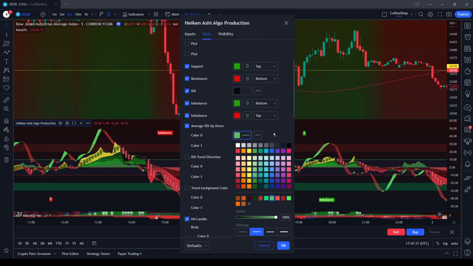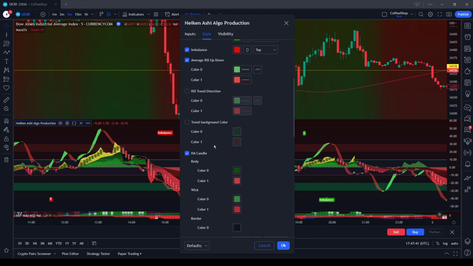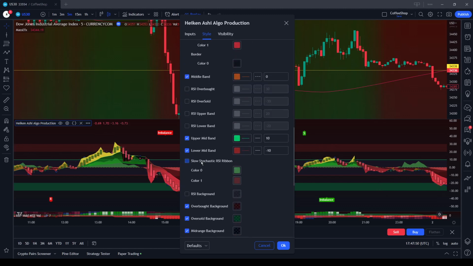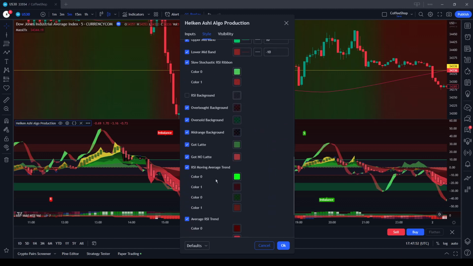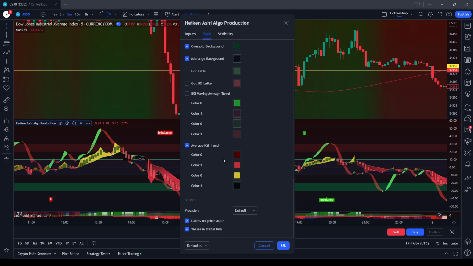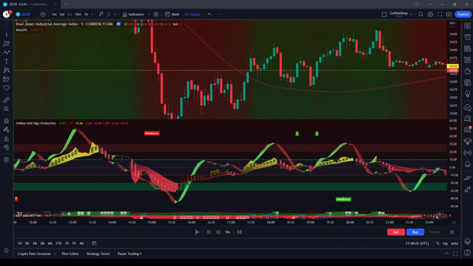RSI up, down, trend background. Don't worry about that. I would like to do this without the candles, to be honest with you, but I want you guys to be familiar with what's happening with the candles. Stochastic, I need that. This one's out, and the scale off. Good. Now we're back to where we started.